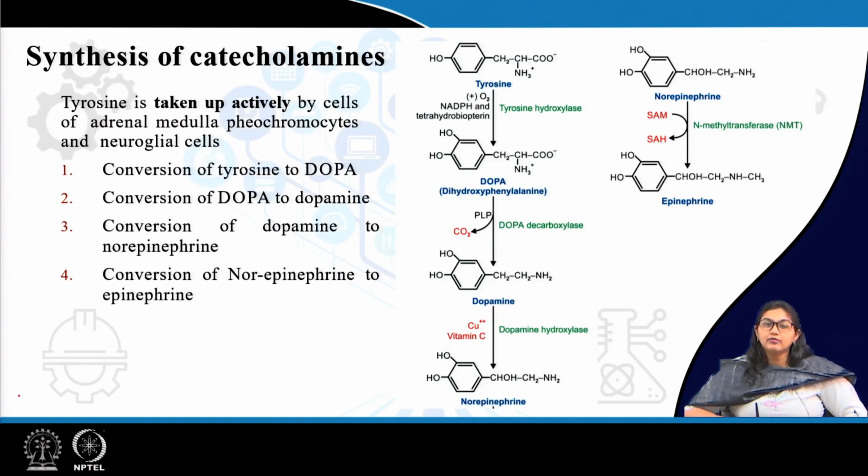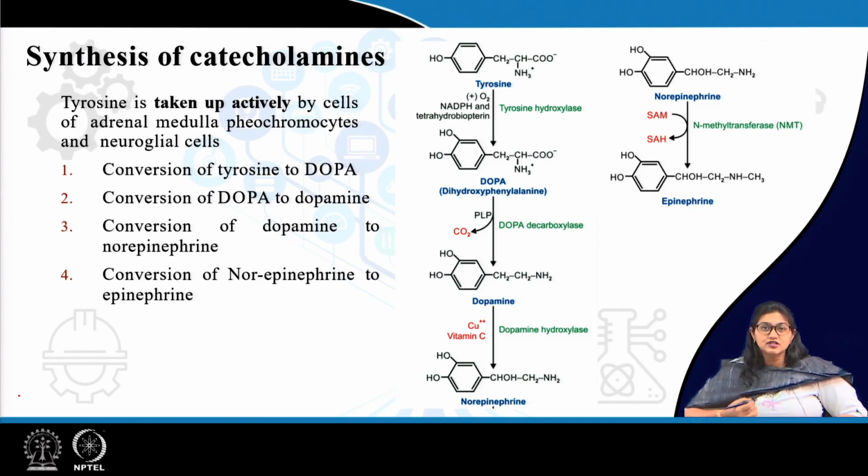In those cells of adrenal medulla, pheochromocytes and also neuroglial cells, they uptake tyrosine, and those tyrosines are converted to different catecholamines.